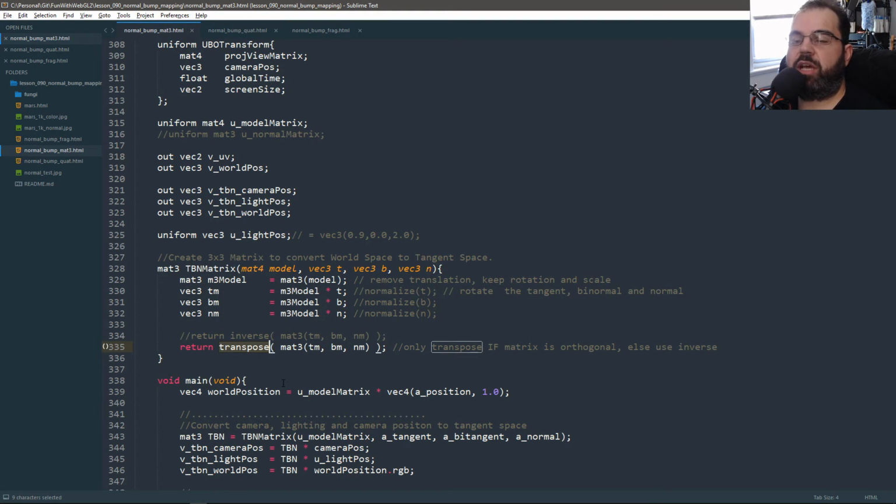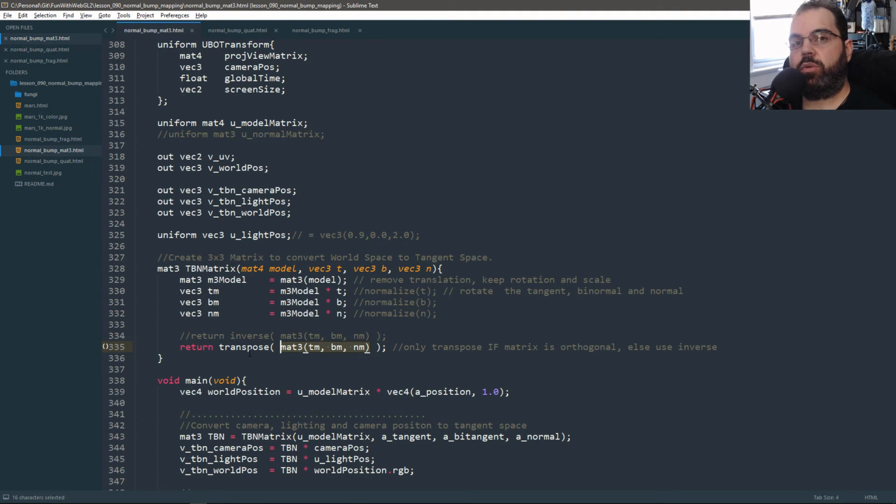A transpose just swaps the columns with the rows, which essentially, as long as the three directions are orthogonal, you can do a transpose. This way it gets you the inverse of what you're doing. Because this matrix that we're creating right here goes from tangent space to world space. We want the inverse.